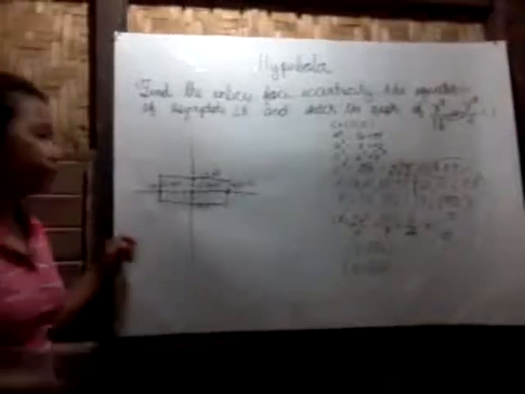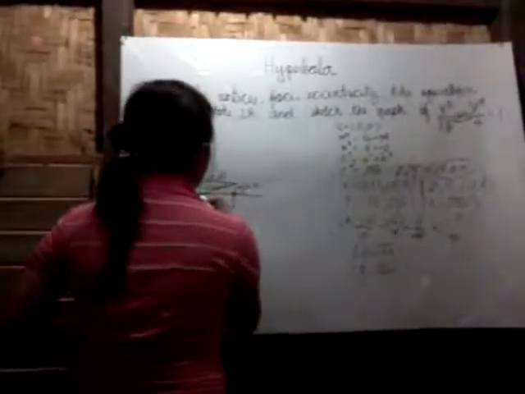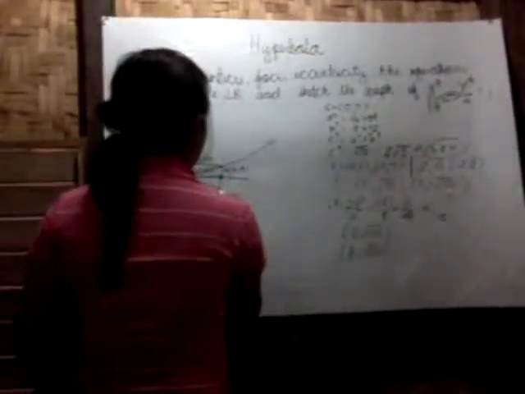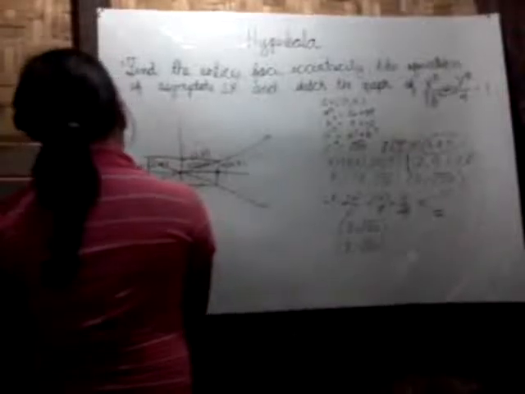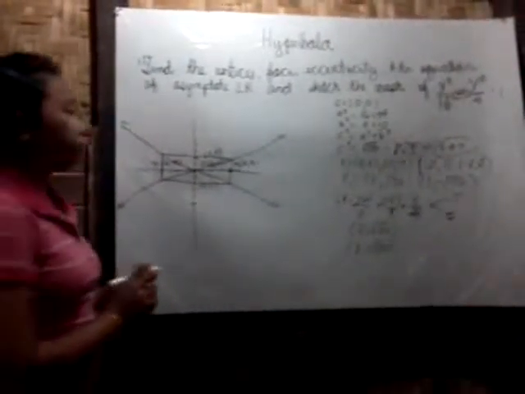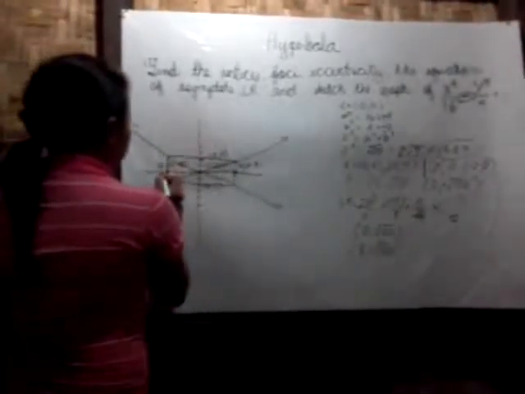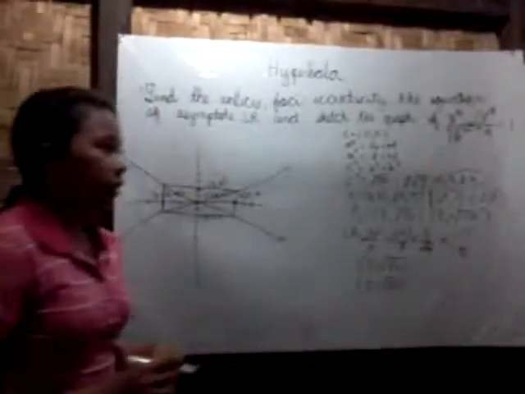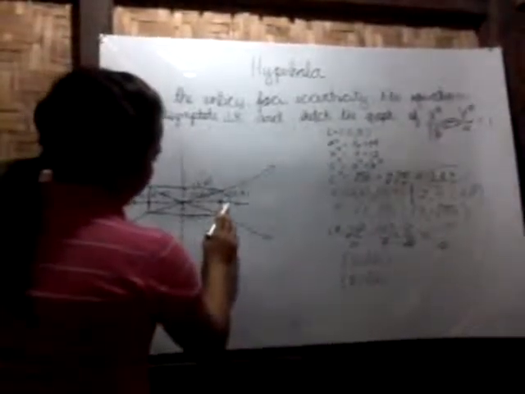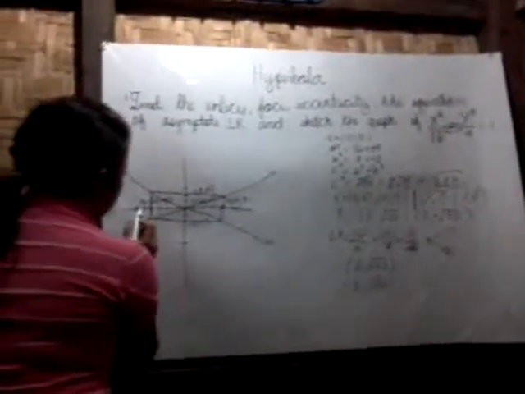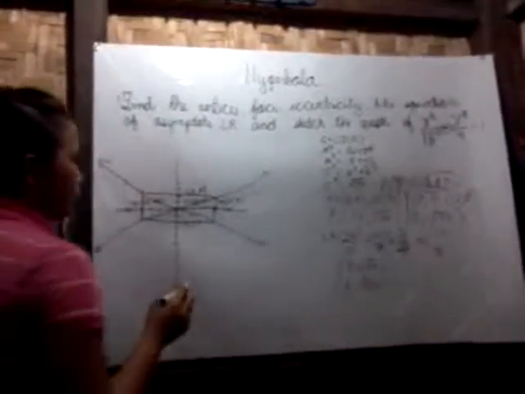Then we use the points, counting 1, 2, 3, 4, 5 here, and 1, 2, 3, 4, 5 here.